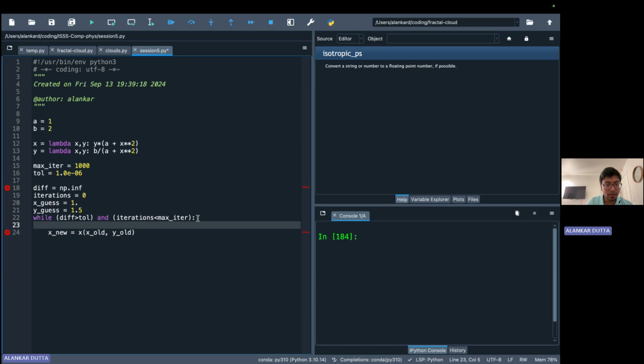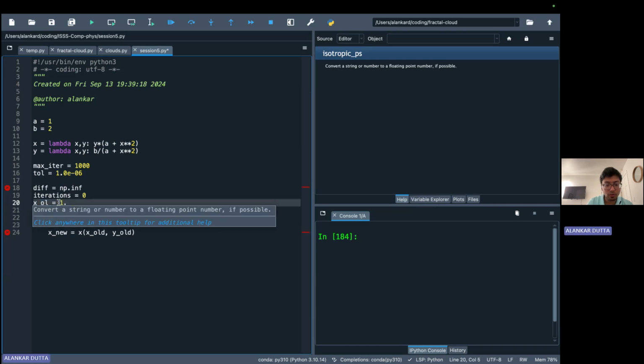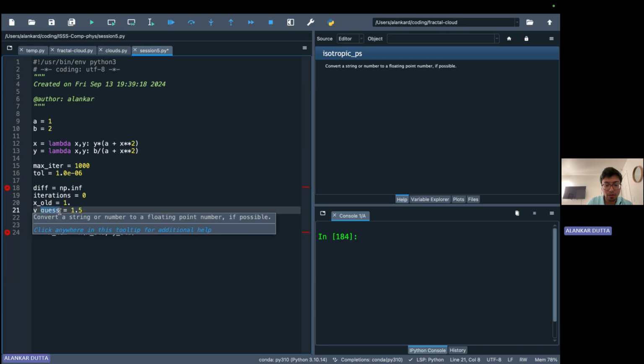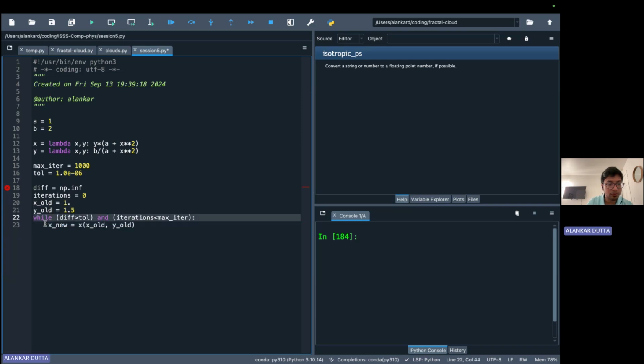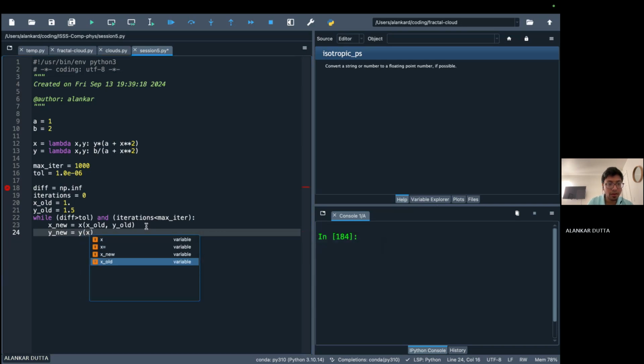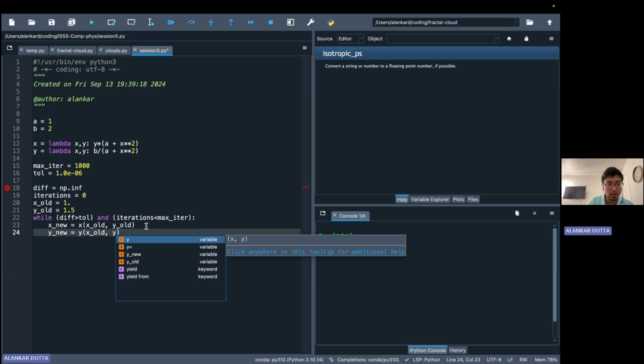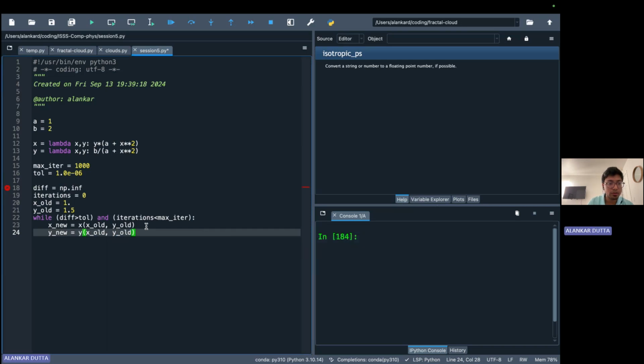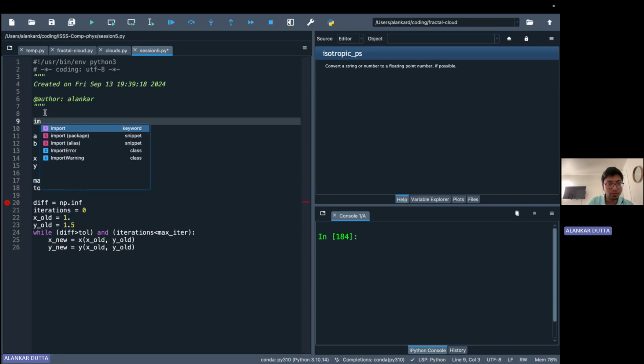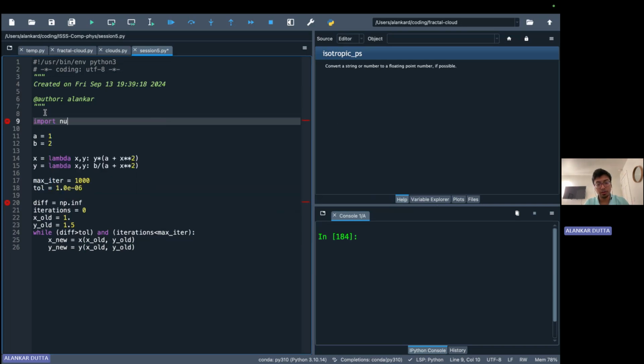And we are defining, let's call this x old and y old. So this is what we start with, and we pass x old and y old in here to get x new. And similarly, y new is y, and we pass x old and y old, right? Okay, I have not defined numpy, so I'll just define that as usual.